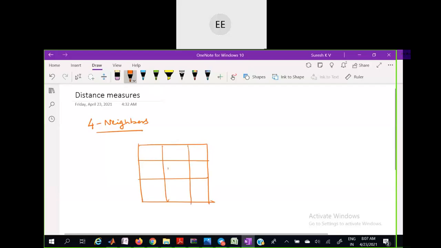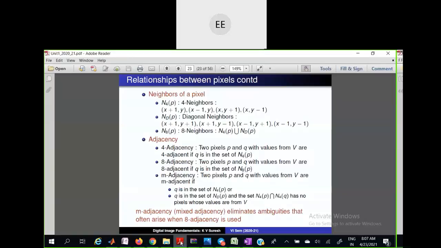Assume that this is a pixel p of x comma y. Now we saw in the last class that these pixels are called the four neighbors. So x plus 1 comma y, x minus 1 comma y, x and y plus 1, x and y minus 1 are the four neighbors.